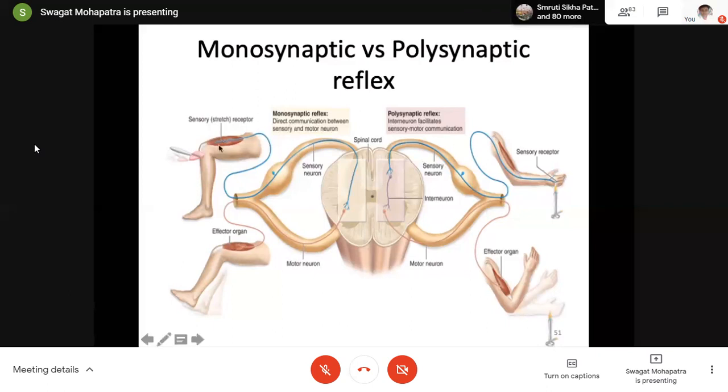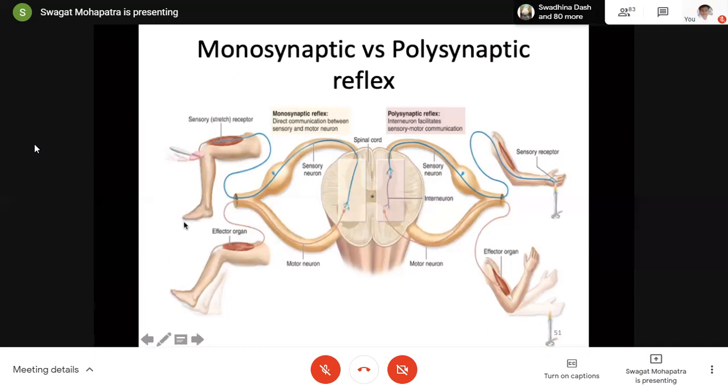You can see if you are hitting this portion, then there are certain sensory receptors at this point which are taking the reflex through this pseudo unipolar neuron through the dorsal horn of the spinal cord into your dorsal root of the spinal cord, and it is coming like this, and at the ventral horn of the spinal cord it is contacting with a motor neuron, and this motor neuron is going and stimulating your effector organ, and you are able to move your feet.